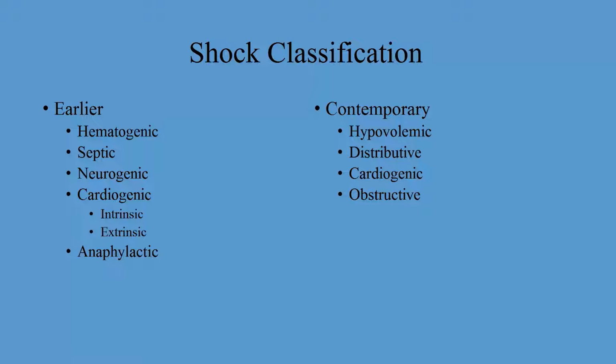The contemporary classification has shifted this around to group things together that have a similar physiology, and specifically the vasodilation associated with sepsis, neurogenic shock, and anaphylactic shock is grouped together to become distributive. The hypovolemic still remains hypovolemic. The intrinsic cardiogenic is cardiogenic, and then the extrinsic cardiogenic was renamed as obstructive shock.